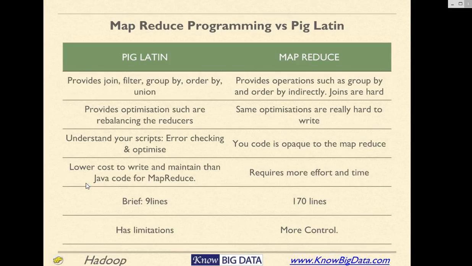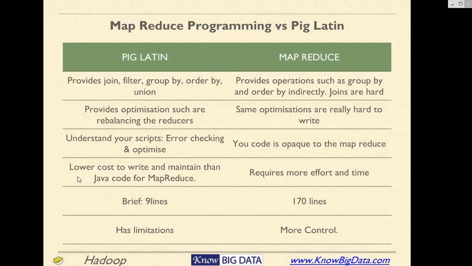Okay, but a point that I would like to bring up here is although Pig has some limitations, it is also pretty extensible. It lets you write your own functions. So you have group by, filter, union, etc. But say you want to come up with your own function, Pig lets you do that.